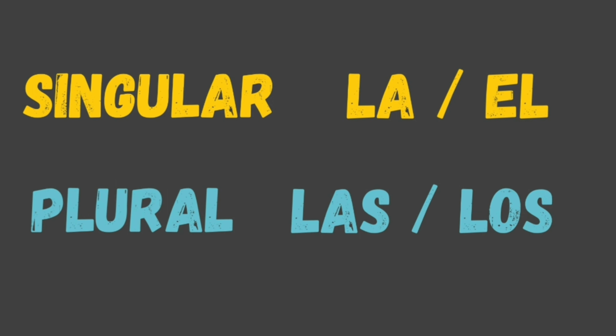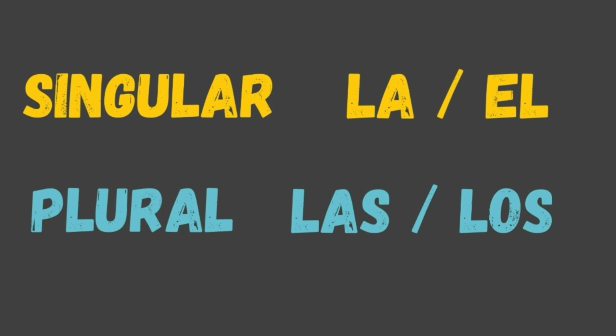Moon is a noun having a female gender. So we have to use the definite article in Spanish, la. La luna, the moon, la luna, because it has a female gender.